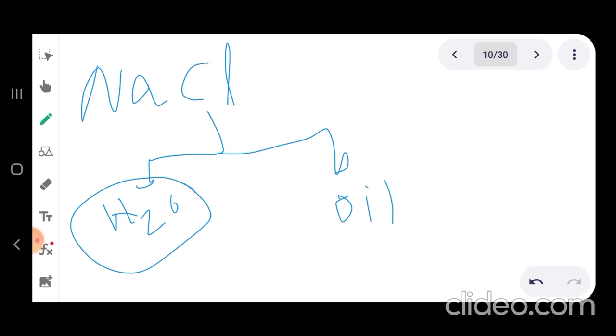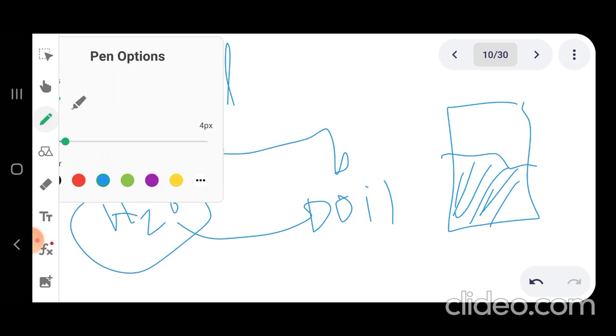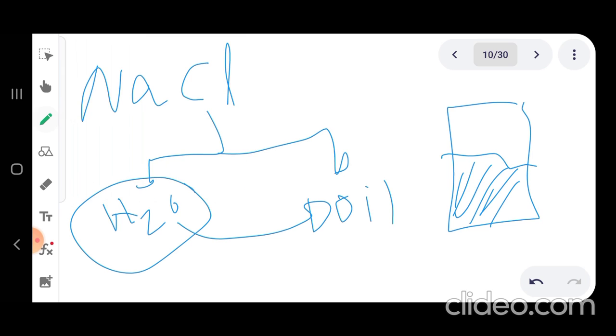But is it easy to dissolve H2O in oil? As we saw before, it is not easy, because later you will get this layer where you have water here and oil there.